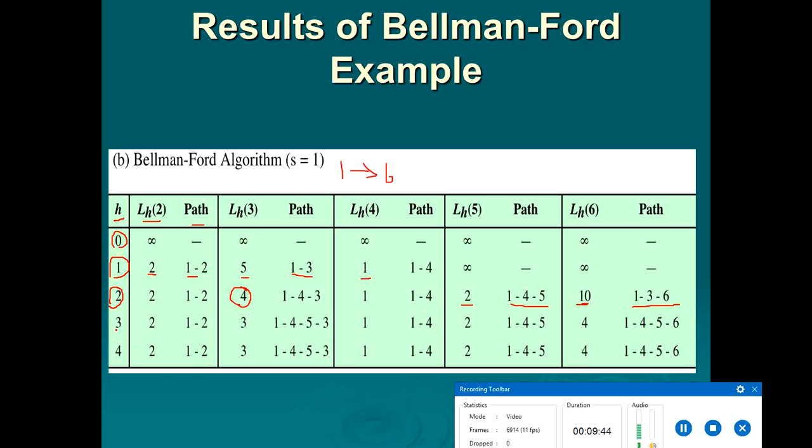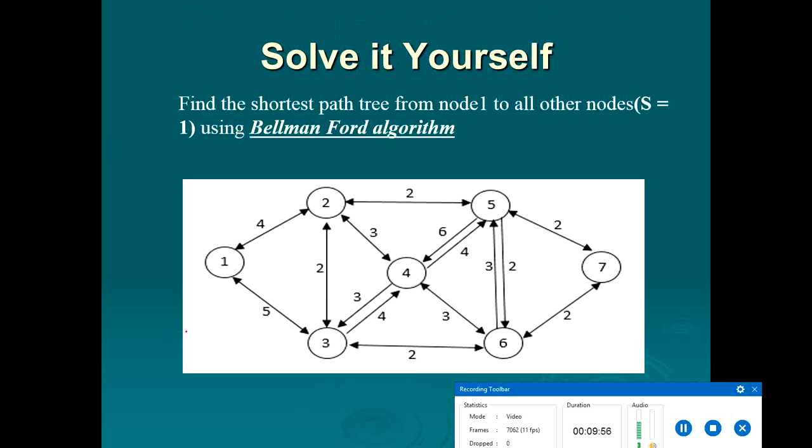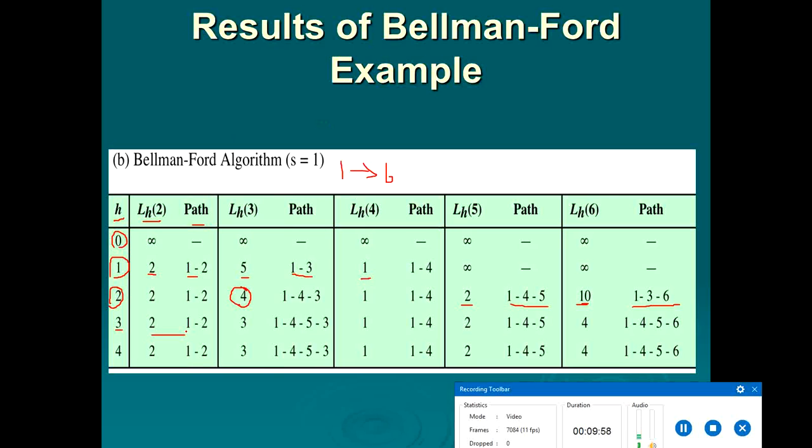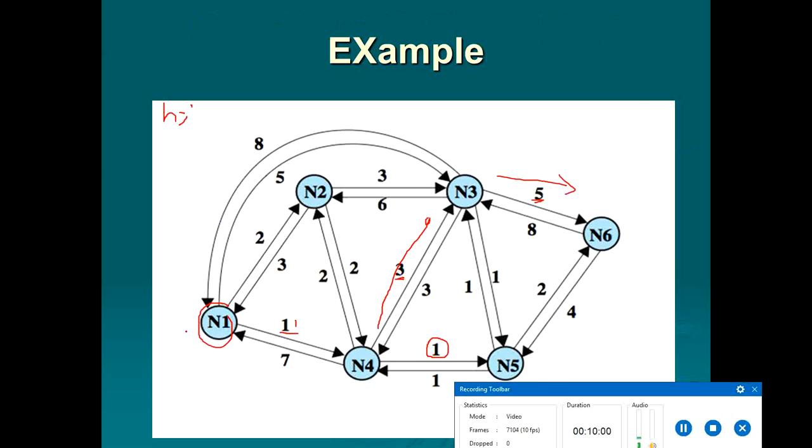Now we increase the hop count. We increase the hop count to see if there is a further least cost as the number of hops is increased. So 2 remains the same. Now if you see over here, node 5 says that I can reach node 3 at a cost of 1, and we know that the cost of reaching node 5 is 2.